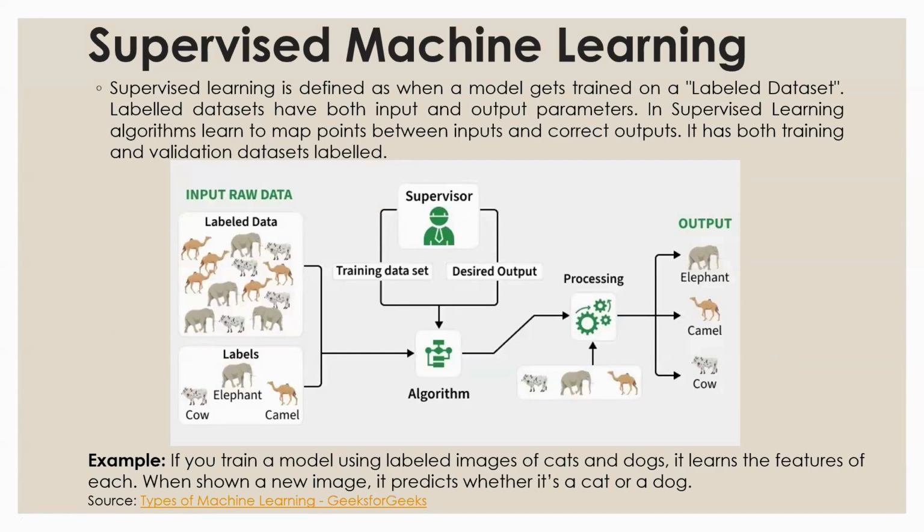If you train a model using labeled images of cats and dogs, it learns the features of each. So let's say we are giving the system input raw data of cats, dogs, camel, elephant, cow, or whatever the animal is, and we are also sharing some of its characteristics like weight, size, and other characteristics, the food it eats, and all that.